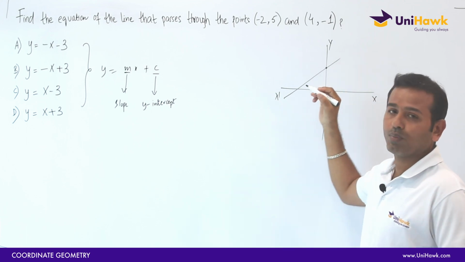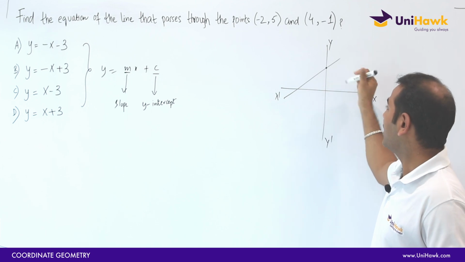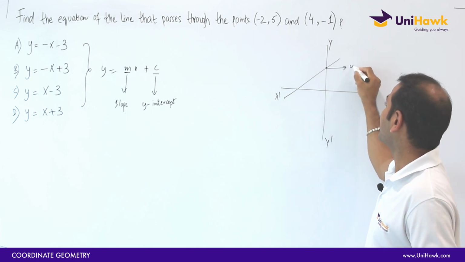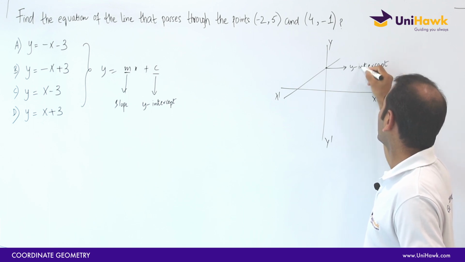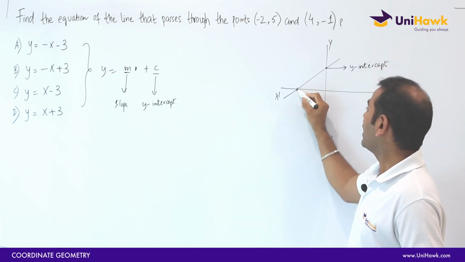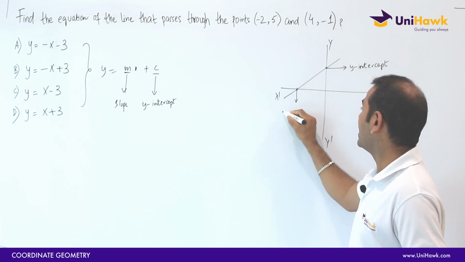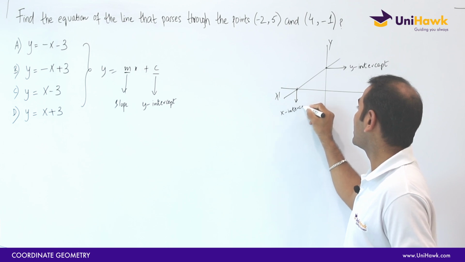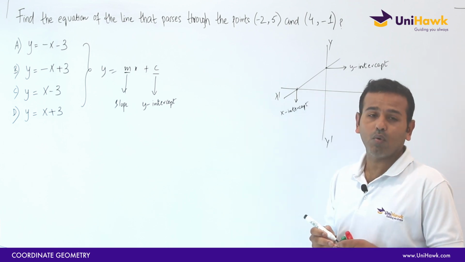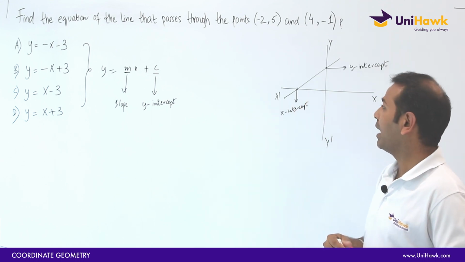The intersection point of the positive y-axis and the line is called positive y-intercept. And the intersection point of this line and the negative x-axis is called negative x-intercept. So what did we understand from this? Intercepts can be positive and negative, right?